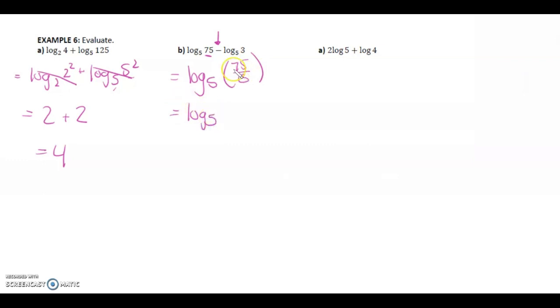So I now get log base 5 of 25, which I can rewrite as a base of 5. It's 5 squared. Just like the last question, log base 5 of 5 cancels out, and my answer is 2.